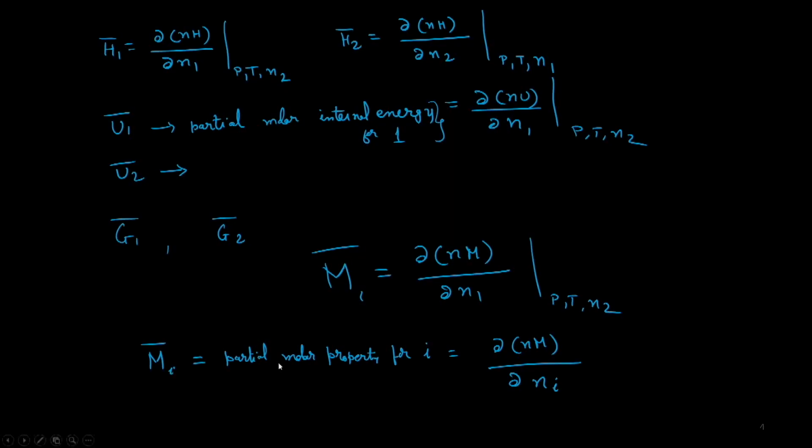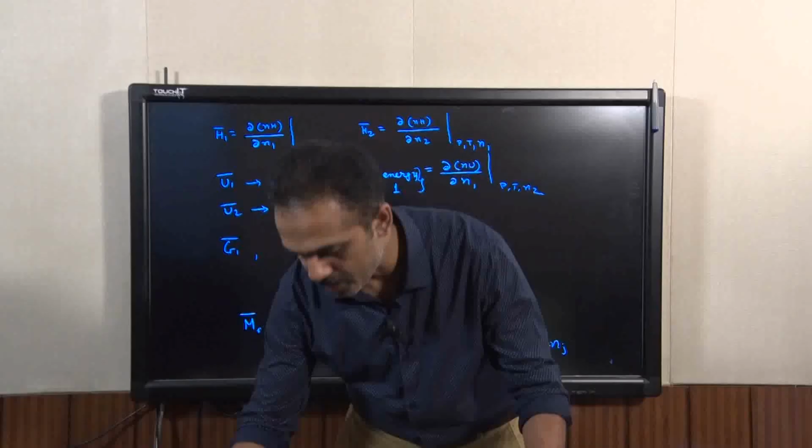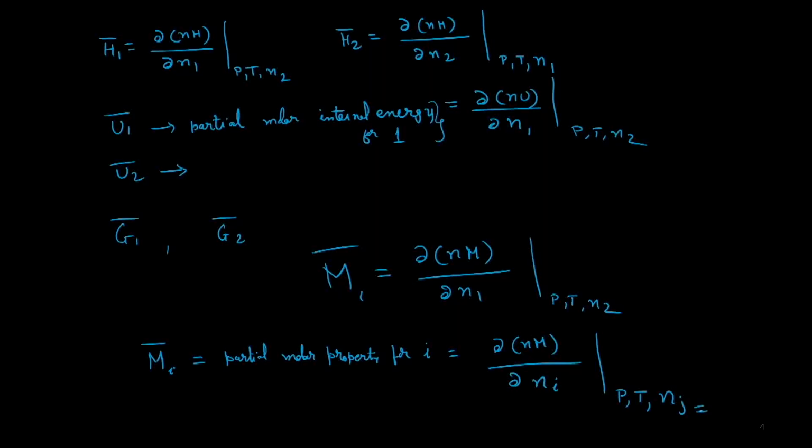Because I need Mi bar, I would need to take the derivative with respect to Ni, and I need to hold the number of moles for all the other species j. If I need it for 1, then I need to hold 2 and all the other species 3, 4, etc. constant. So we represent it as Nj not equal to i.